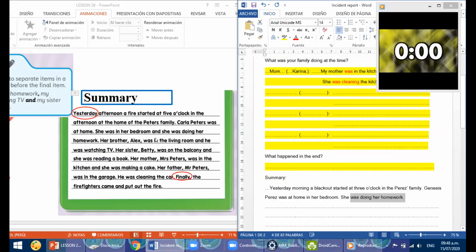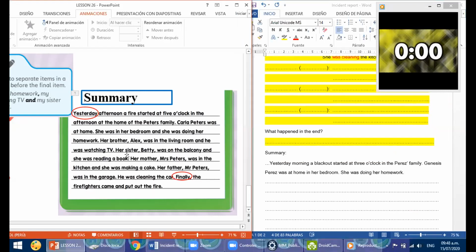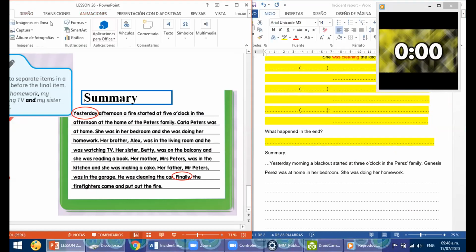Okay? Then talk about your family. Pay attention. Similar. Her brother, talk about your family. Her mother, talk about your family. Okay, you see? It's the same information, equal information. Her brother.